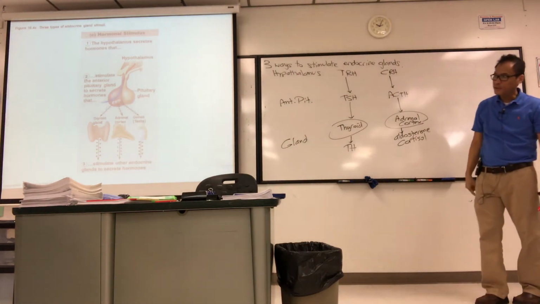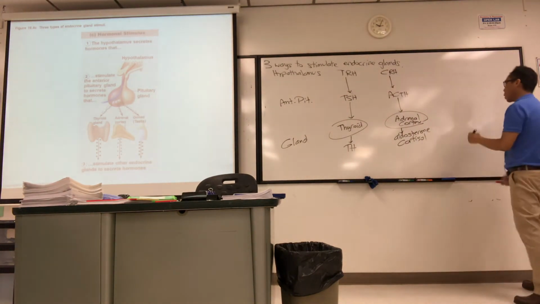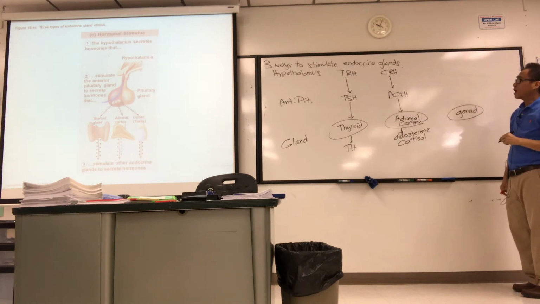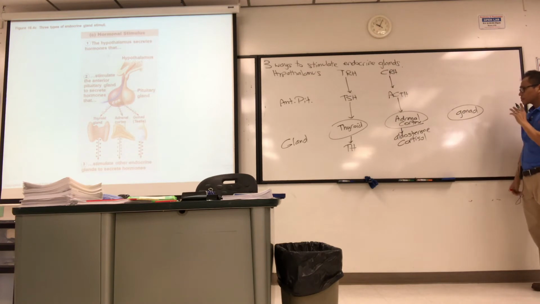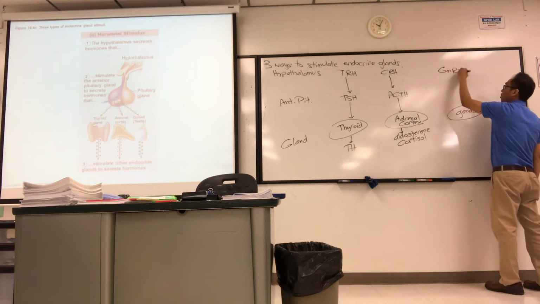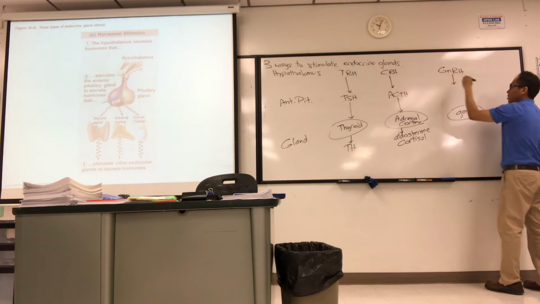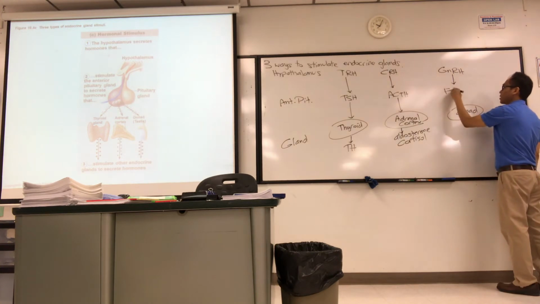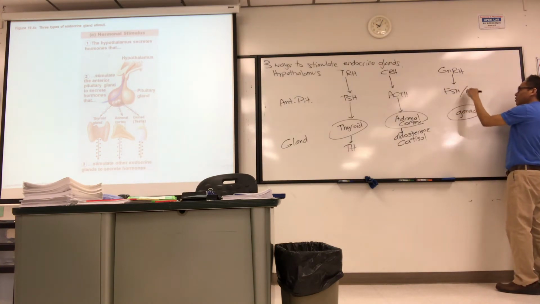The last example is gonadal stuff. Gonad. Either the ovaries or the testes. In the hypothalamus, the tropic hormone is gonadotropin releasing hormone. Capital G, lowercase n, releasing hormone. It'll stimulate the anterior pituitary to secrete FSH and LH. Follicle stimulating hormone, luteinizing hormone, just the abbreviations now.